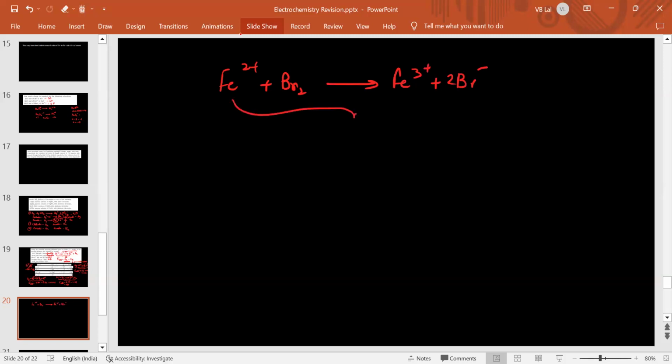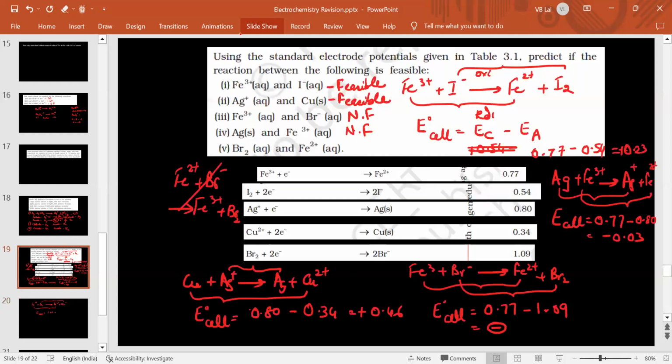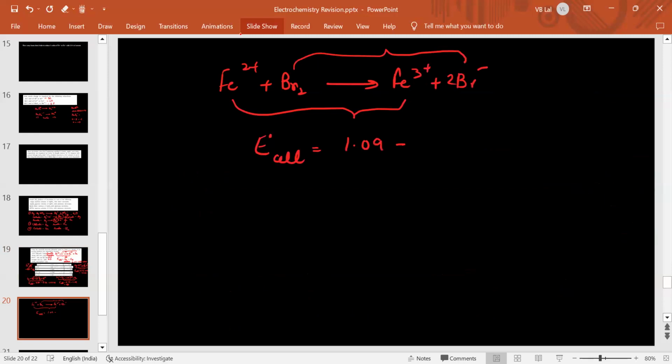Right, so this is getting oxidized and this is getting reduced. So Br you have to write first. What is the value for Br? 1.09. So E cell will be equal to 1.09 minus anode 0.77.